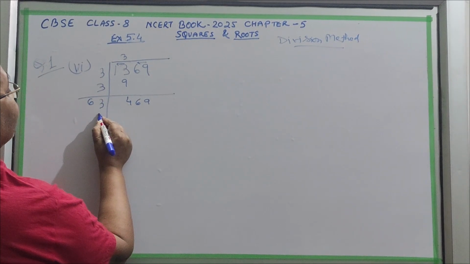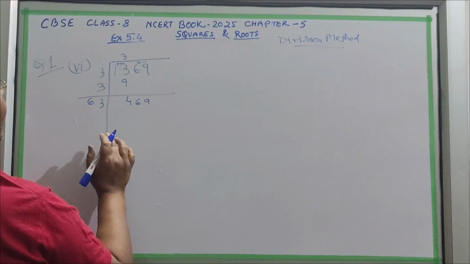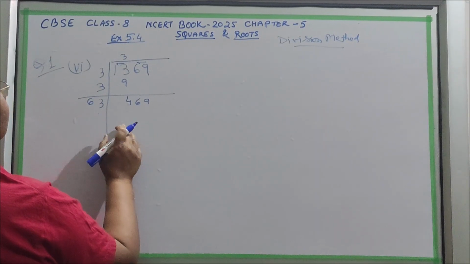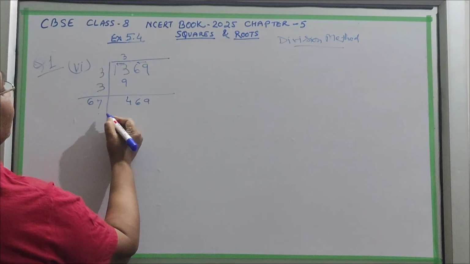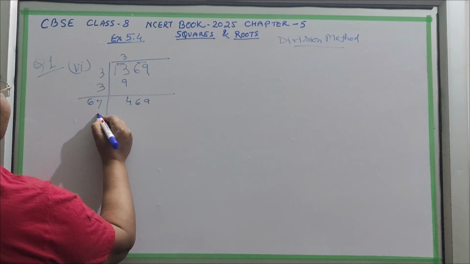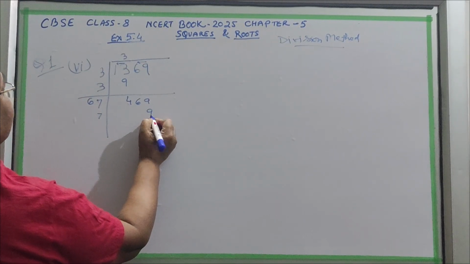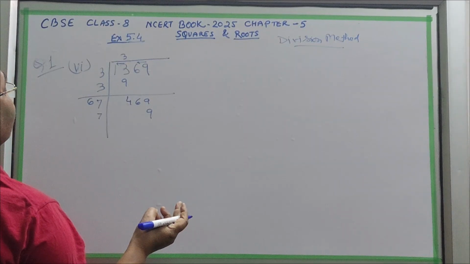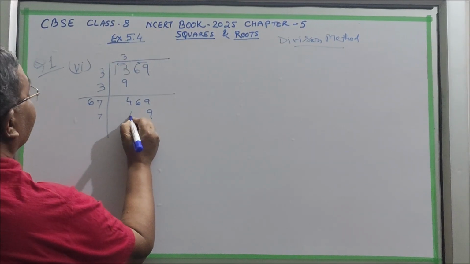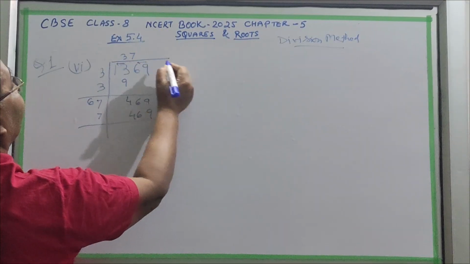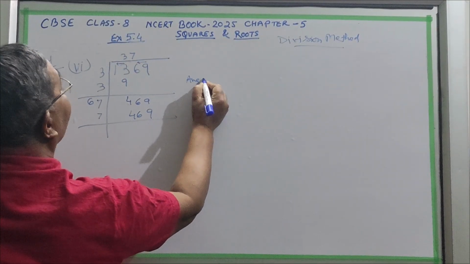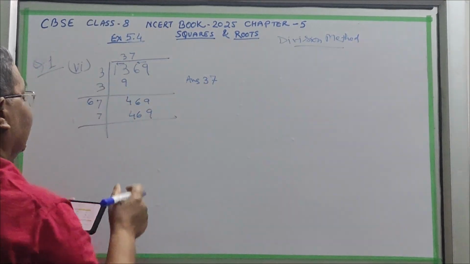If you take any such number, 7 7s are 49, so let us try 7. 7 7s are 49, 49 minus 42. Okay, this has worked. So the next number we will take is 7. So the answer is 37. This is by the division method.